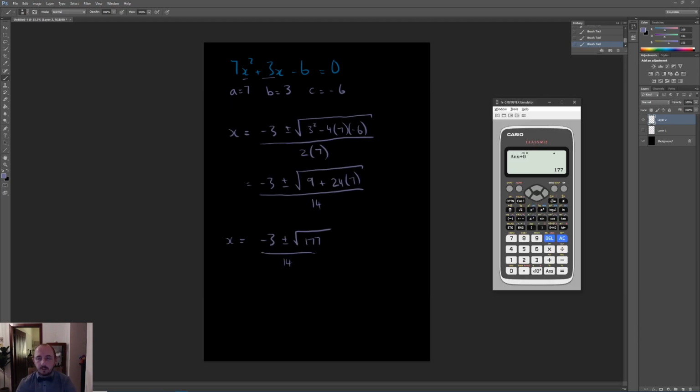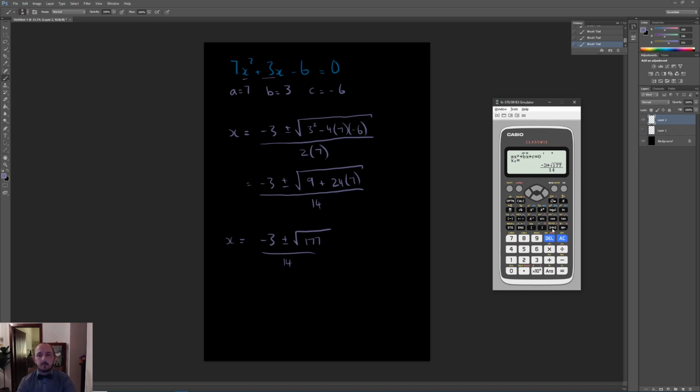Alternatively, we can use the formula which is built into the calculator to help us. So if we go on the ClassWiz down to equations and function, polynomial of degree 2 because it's a quadratic, and we're going to put 7 for A, so it's set out the same as this, 7 for A, 3 for B, and negative 6 for C. And there we go, minus 3 plus root 177 over 14.